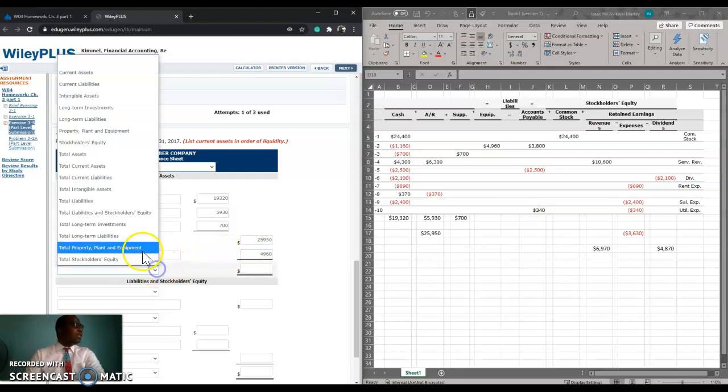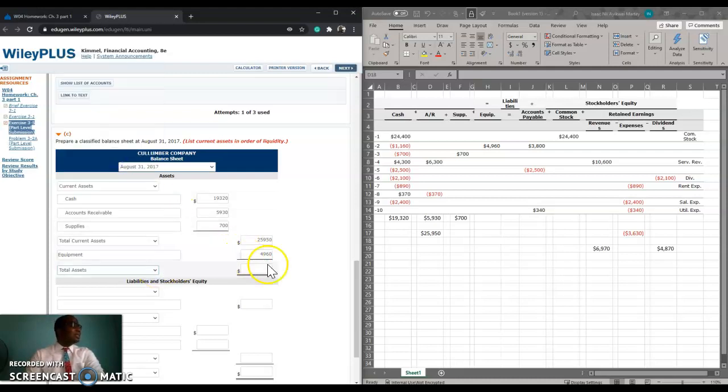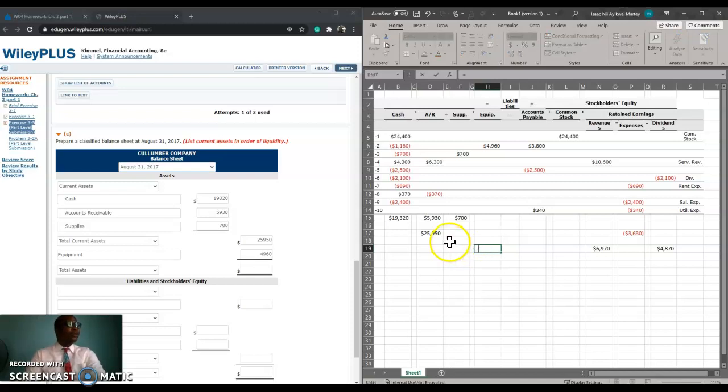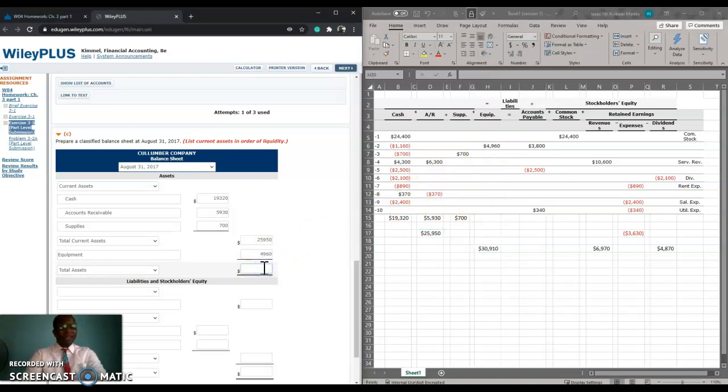And so our total assets will be the sum of these two. And so total assets will be here. You can say equals to this plus our equipment. Hit enter. So total assets will be $30,910.